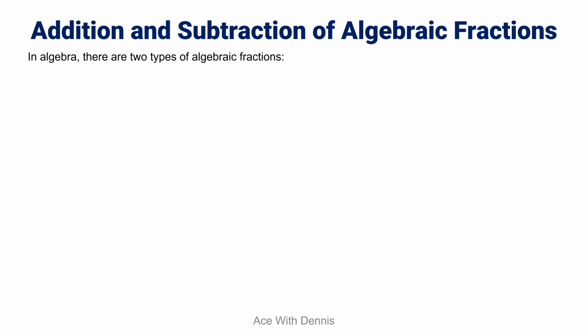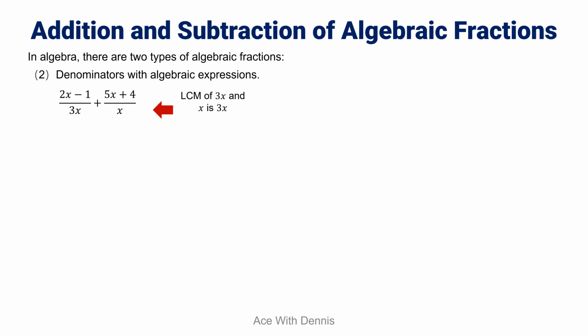The second type of algebraic fraction is denominators with algebraic expressions. Here's the first example: 2x minus 1 over 3x plus 5x plus 4 over x. The LCM of 3x and x is 3x. For the first fraction we don't have to do anything because the denominator is already 3x.